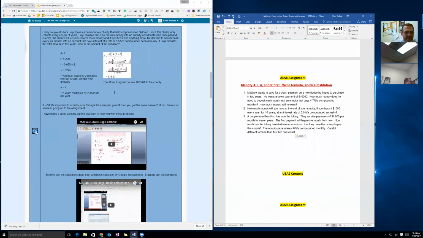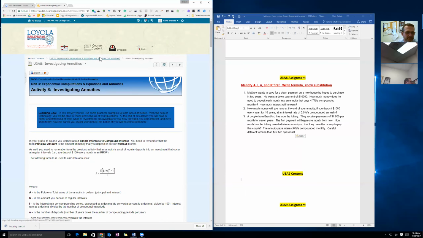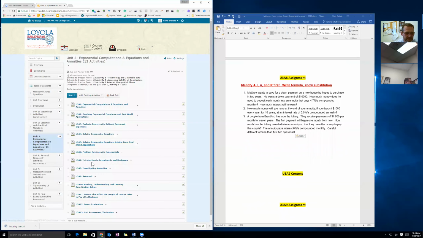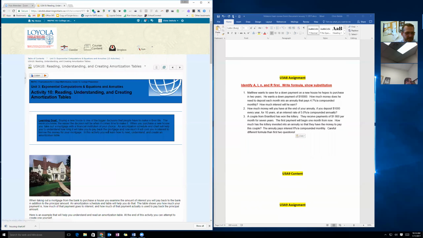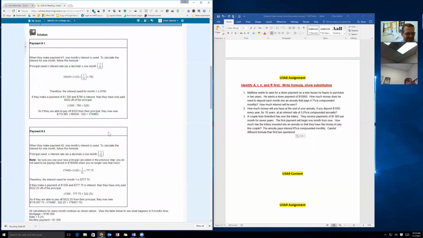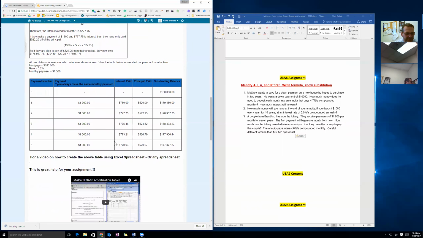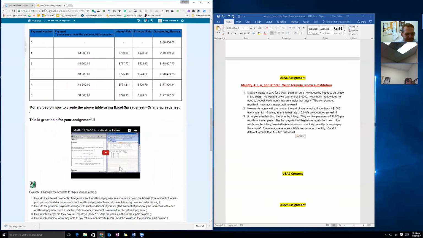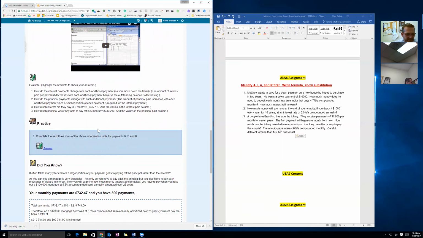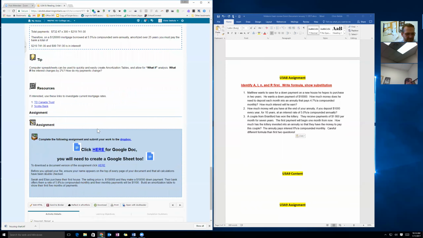Unit 3, Activity 9 was removed, so Unit 3, Activity 10. Amortization tables. So I can't actually make you create a whole amortization table because we did it in the assignment in the spreadsheet, so I couldn't have you do that. Is there anything from there I could ask? I don't think so, because it's doing an actual spreadsheet, right?